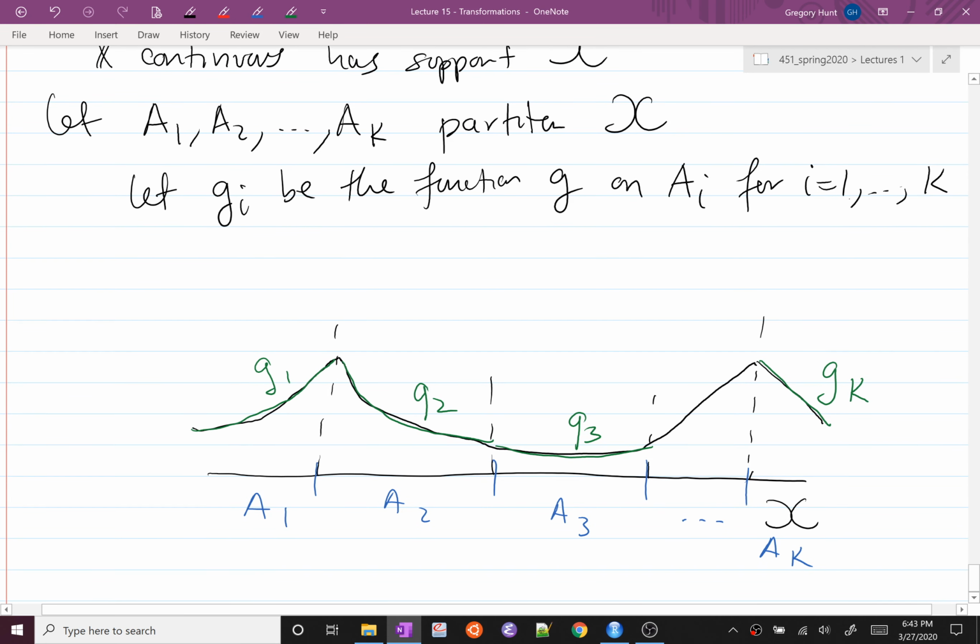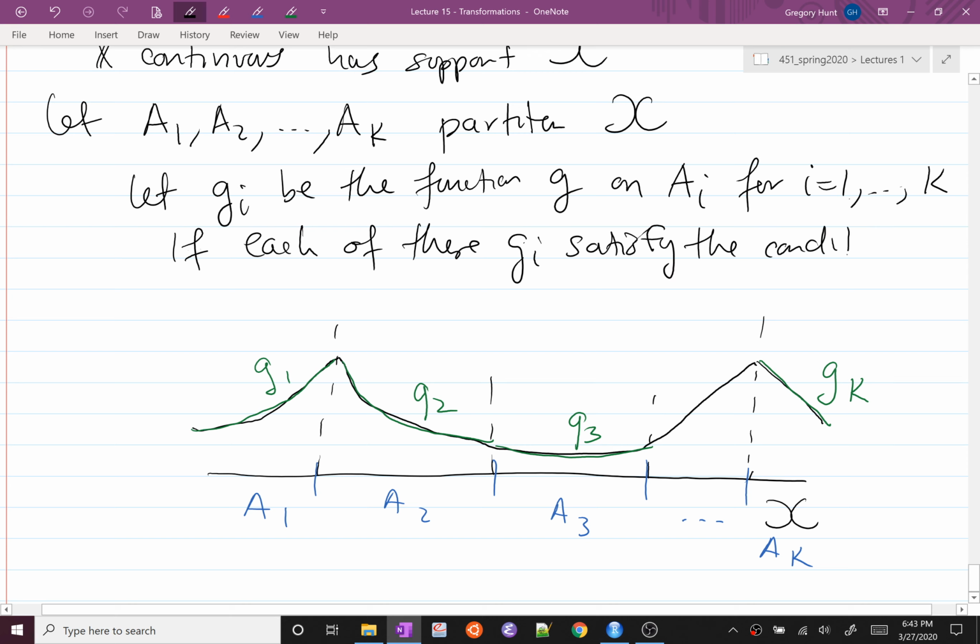And let's say each of these g sub i satisfy the conditions of the previous theorem: they're monotone on their chunks, let's say on a sub i, and they have an inverse, and the inverse is differentiable and continuous.